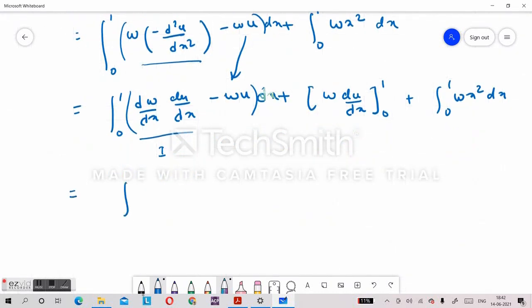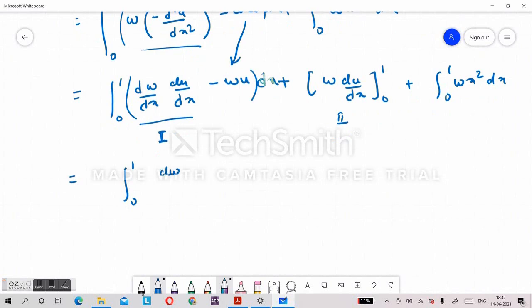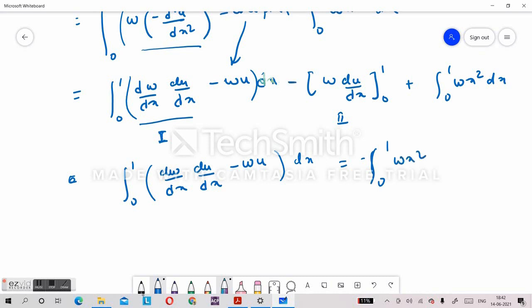This is the second term for integration by parts, and this one is the first term. The integral from 0 to 1 of dw/dx du/dx minus w u dx, and this term will become equal to minus 1 here.